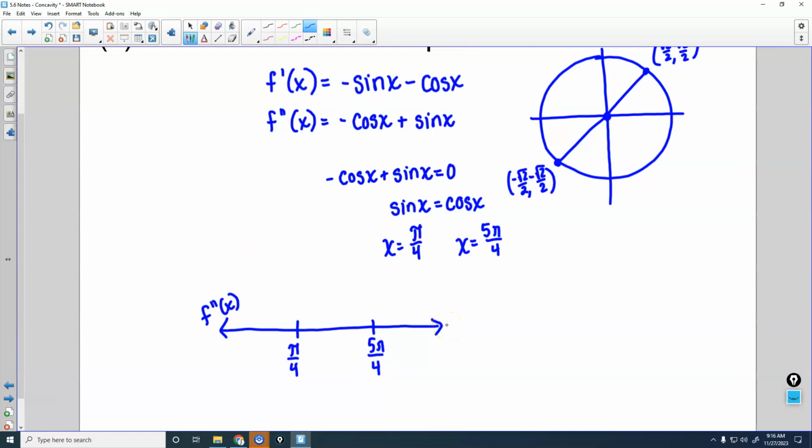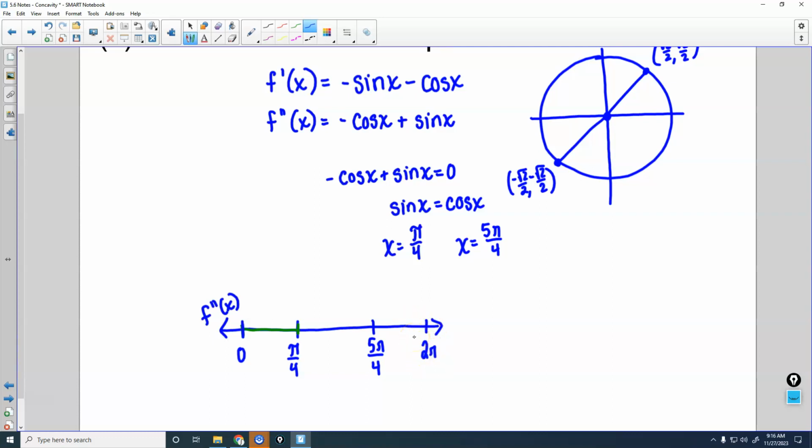And so we need to plug a number from each section into f double prime of x. I'm going to put 0 right here, and I'm going to put 2 pi right here.